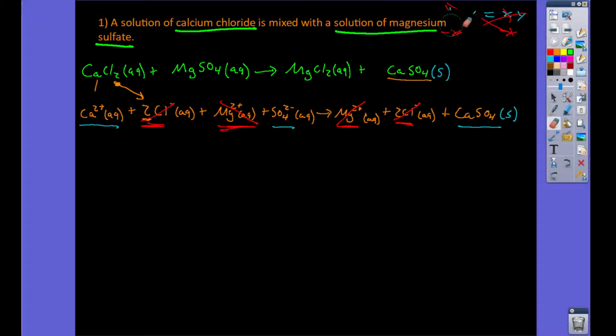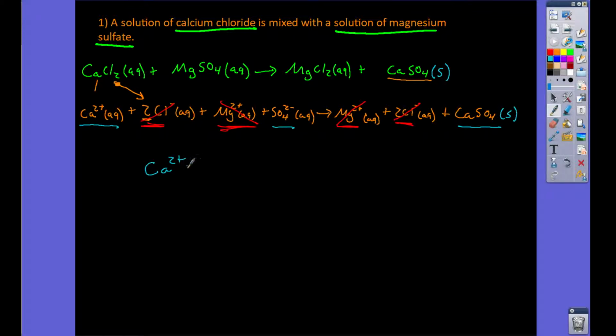So anyway, now that I have only the parts that are going to take place in this reaction, I'm going to rewrite this out. The net ionic equation is only going to contain these parts that actually change over the course of the reaction.